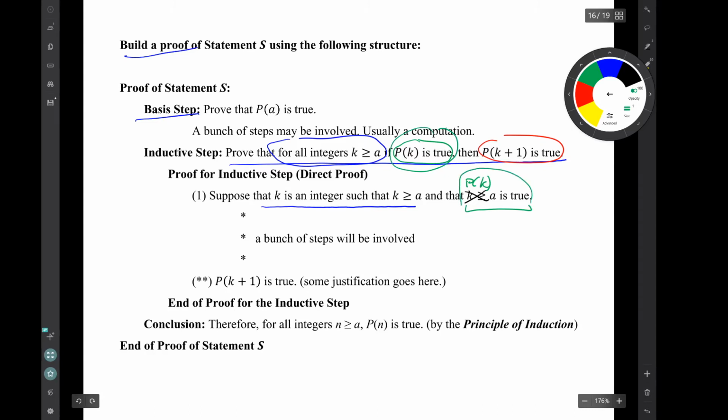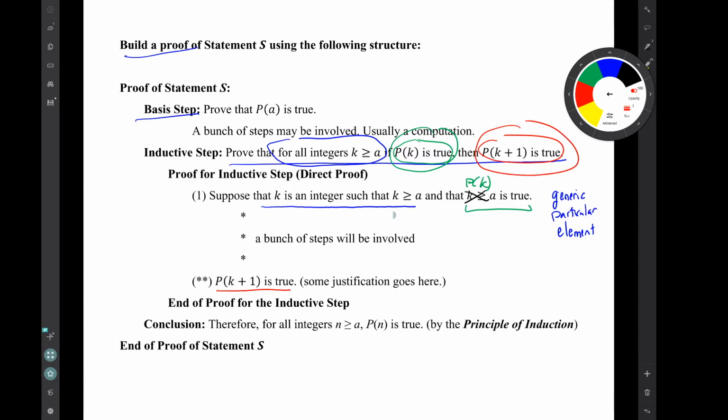And so this is the generic particular element. We have an element of the domain that satisfies the hypothesis. So that's how the structure of a direct proof starts. How does a direct proof end? Well, remember, it ends with whatever's sitting here. So this proof has to end with that red statement. That's the conclusion.